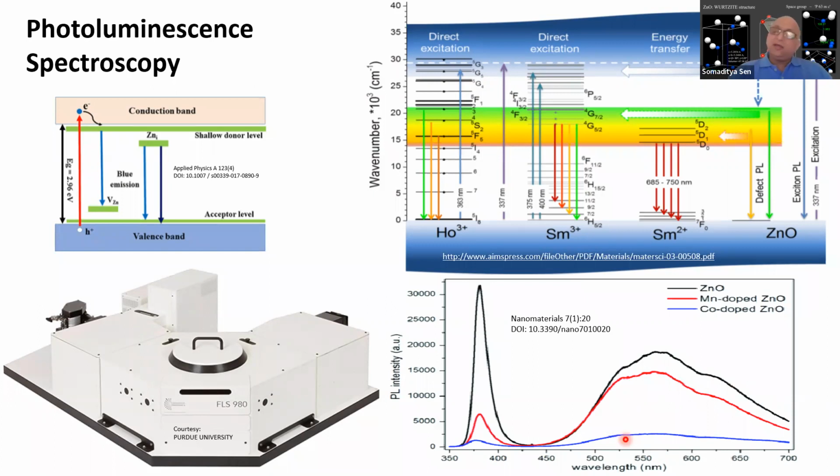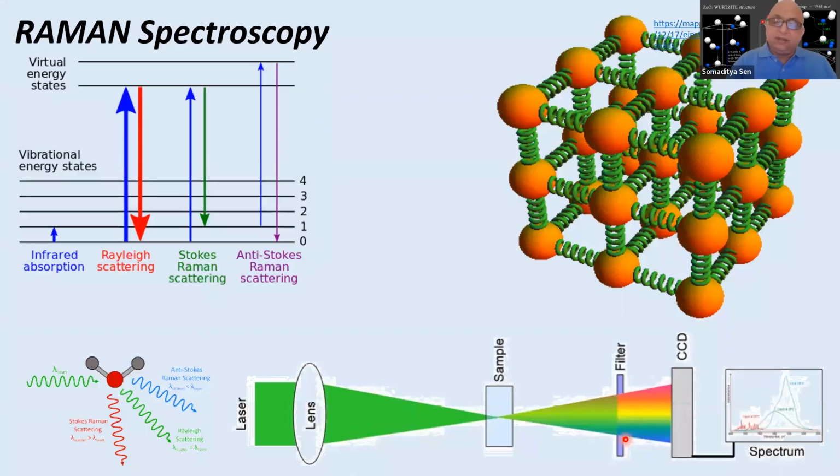That's how we estimate which type of defect is present in that sample. So by doing that, we can estimate the different defects available in it.